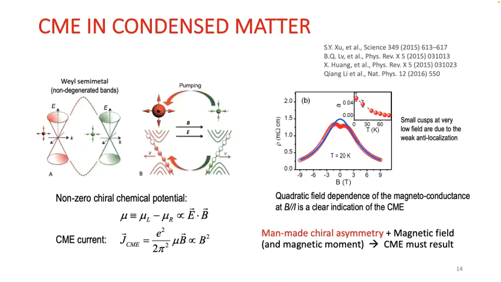So I do want to mention that there is CME observed in condensed matter, but this is really that if you have left-right asymmetry, then putting it in a magnetic field, you will have the current, and that's well understood physics. It's really about the initial state, how you get the left-right asymmetry, and in condensed matter it's just from the electromagnetic field, so they can make it. So that's not a fundamental thing, that you can make left-right asymmetry, and then of course you can have current at the end that you can observe.